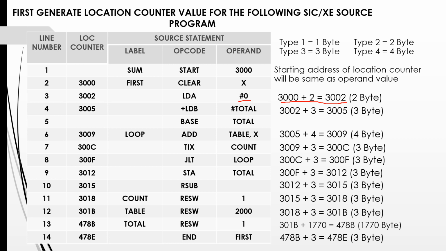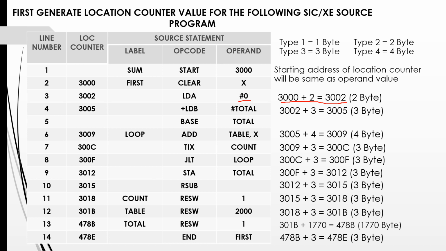You will add the 3009 for the location counter. Then you will loop there. The opcode is ADD and the operand is table, X. For this operand, you will have the instruction type 3. Therefore, we will add 3 bytes. 3009 plus 3, you will get 300C. For this 300C, we will add the operand count, that is 3 bytes.